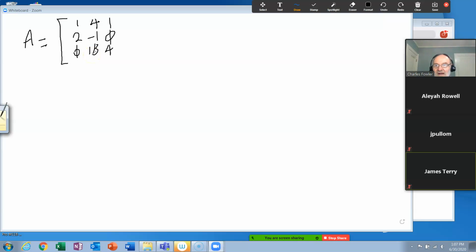All right. Find that determinant. I hope I copied it right. It doesn't look very pretty, but I think it's right. One thing is I don't have my closing bracket.